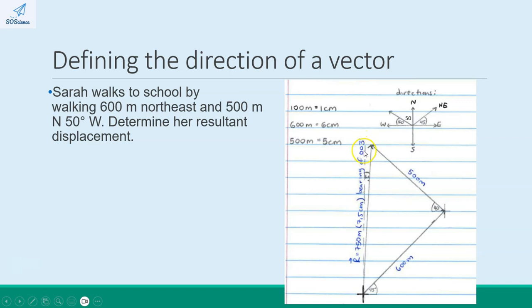So there is an angle between the north and my resultant vector. That angle is quite small. It's 3 degrees. So that means that my bearing is 003 degrees, because remember, bearing is measured from the north clockwise until you hit your vector.